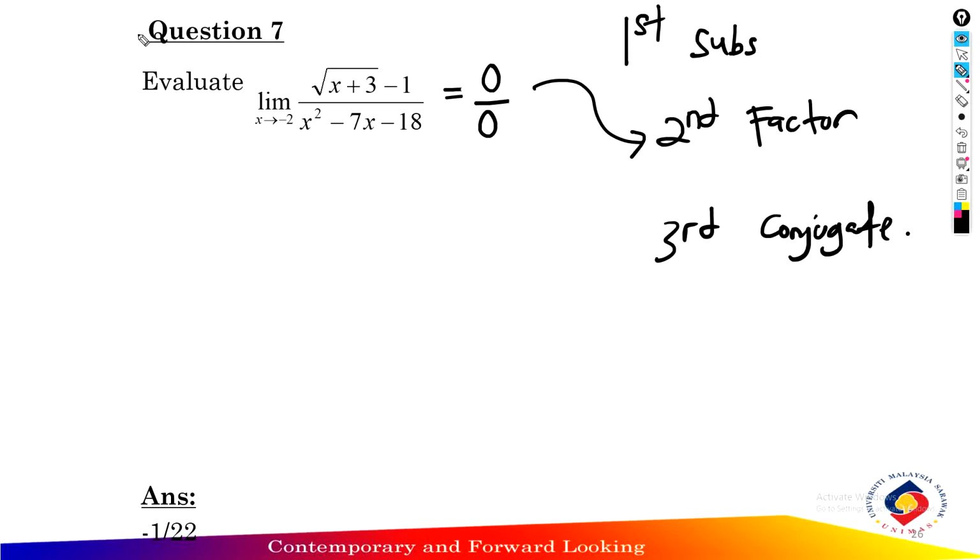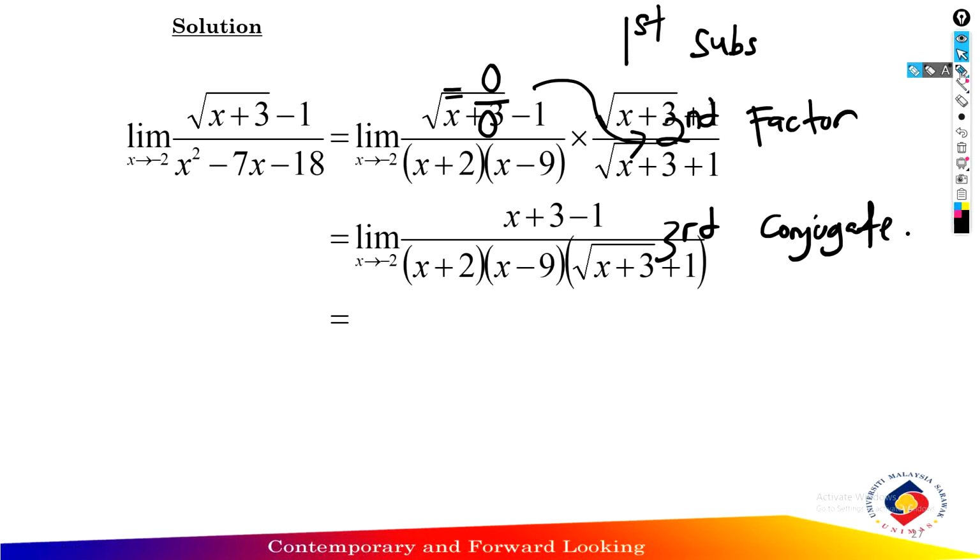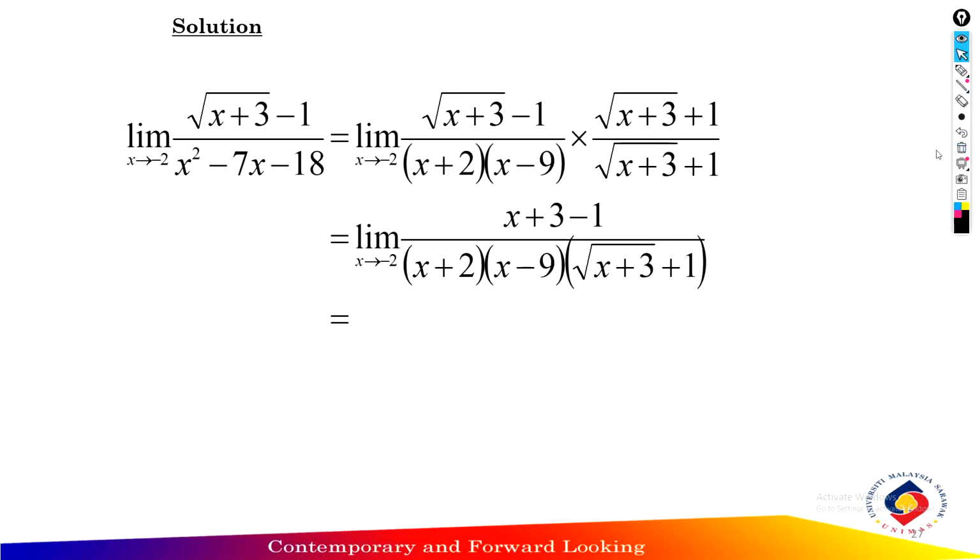So you can try the second method, factorizing, and the third method, using the suitable conjugate to find the limit of the rational function. First, write down the limit as x approaches negative 2 of (square root of (x plus 3) minus 1) over (x squared minus 7x minus 18).